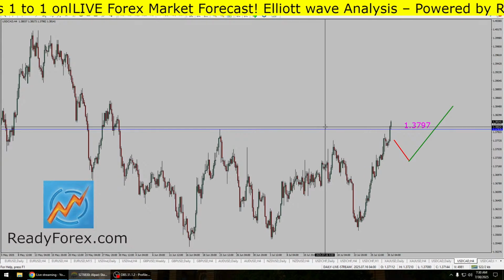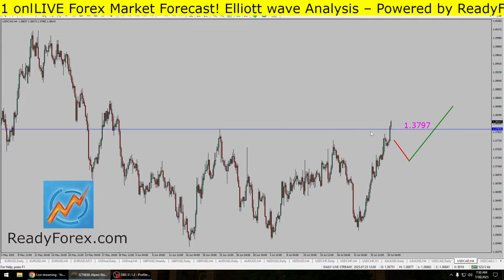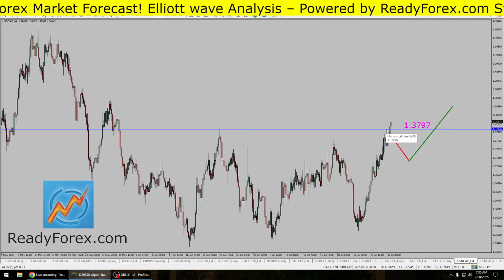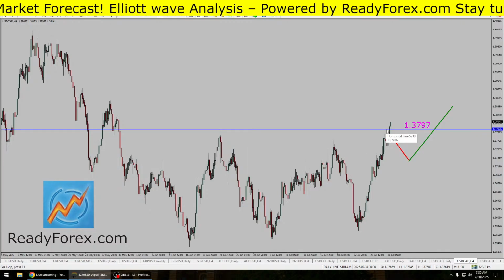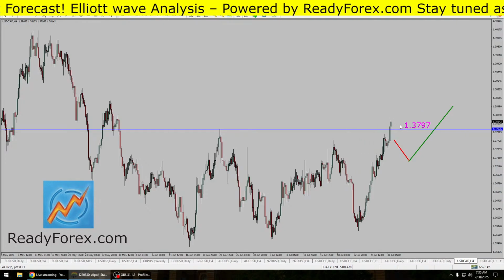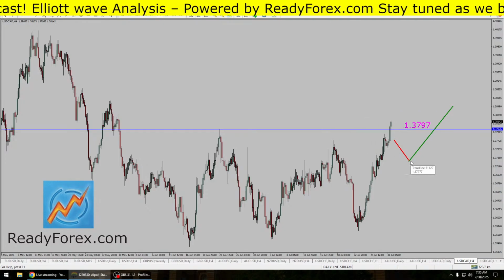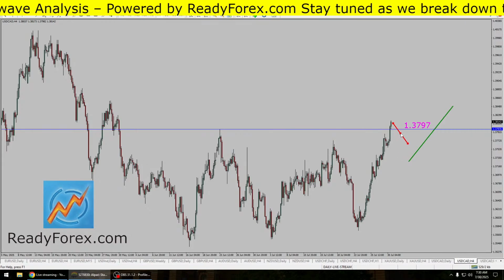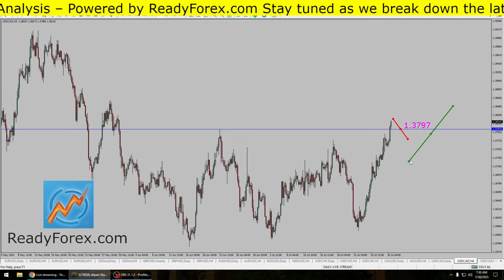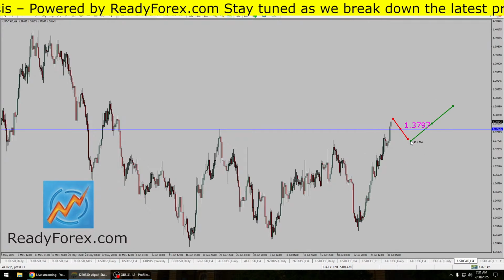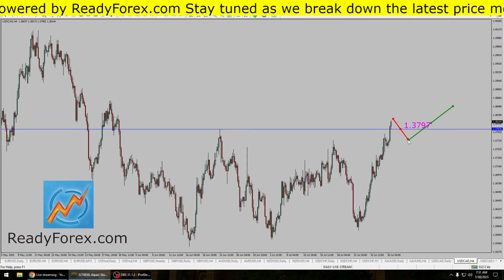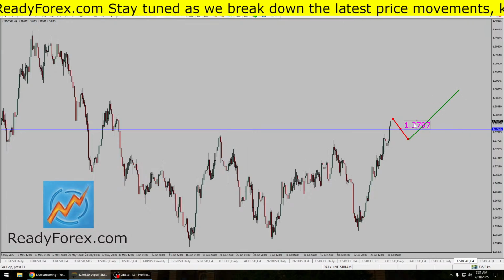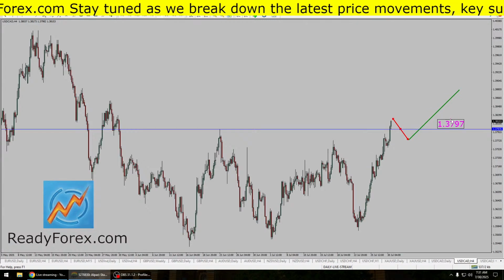Here's a clear breakout in price action above 1.3797 area, and the way I see that market is probably going to rise up a little bit more. However, wait for a pullback if you want to join the bullish trend over here. So wait for the pullback, and then look for another bullish leg in US dollar CAD currency pair.